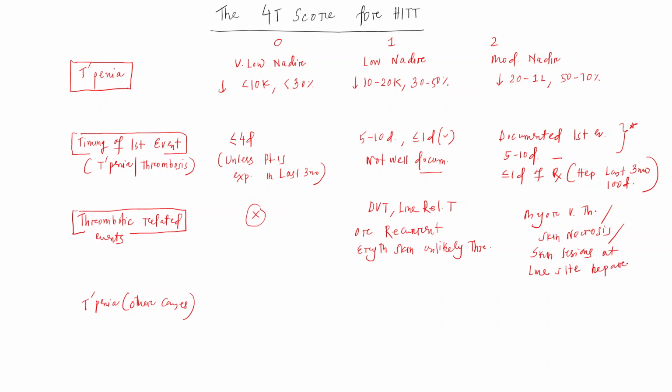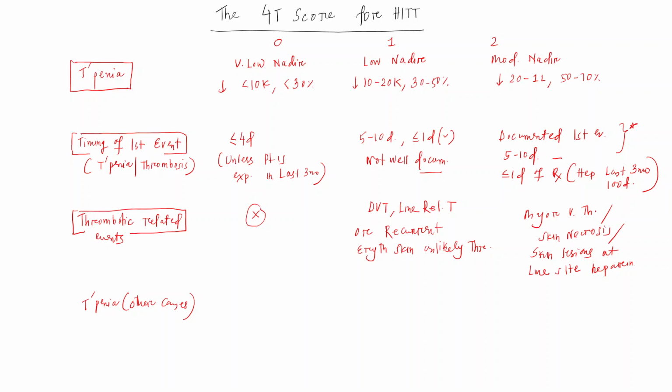Major vessel thrombosis includes CVT, pulmonary embolism, mesenteric vein thrombosis, or arterial events like stroke or MI. If the patient has skin necrosis or skin lesions at the heparin line site, they will be given a score of 2.